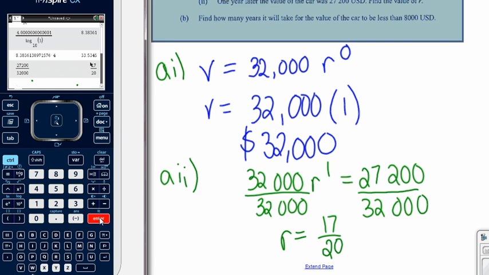Okay, if we want that as a percent, we can say our answer, and we can use the control equals sign, and that'll give us 0.85 as our percent.